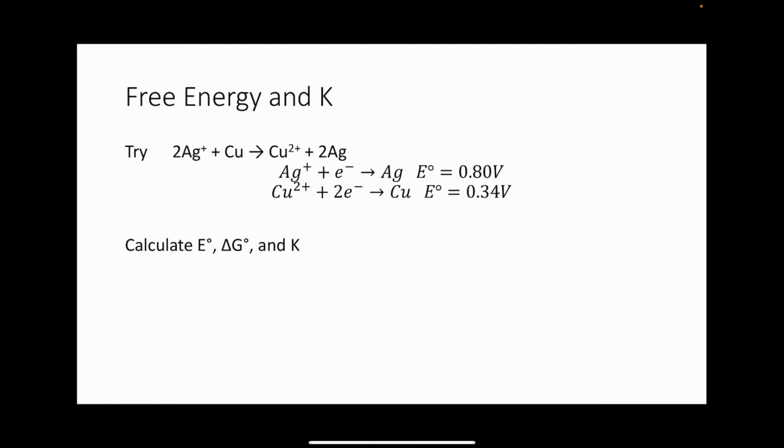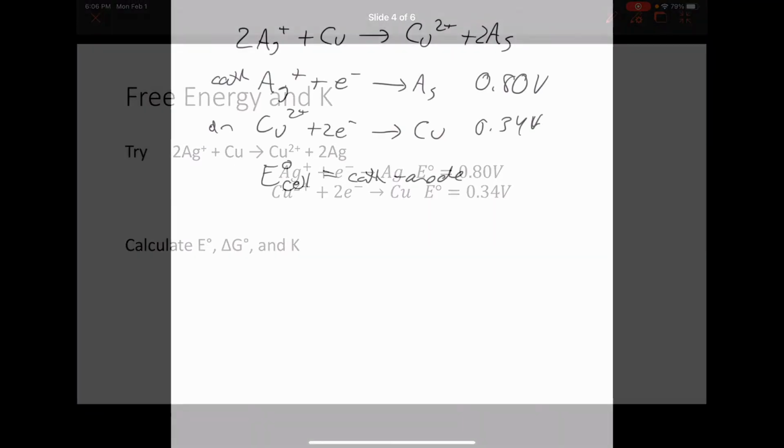So why don't we try a different galvanic cell? Let's look at silver ion being reduced into silver and copper being oxidized into copper 2+. We have our cathode, which is going to be our silver, minus our anode, which would be our copper, and then we're going to calculate the E cell potential, the delta G, and the K for this reaction.